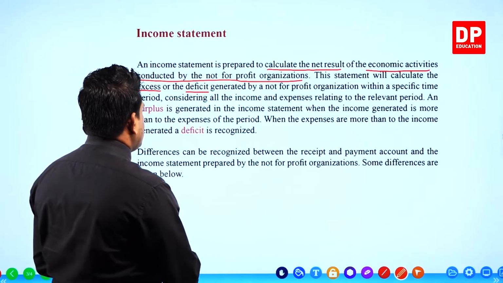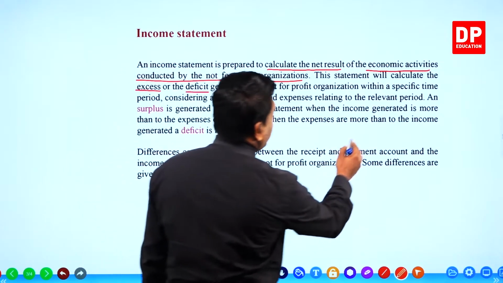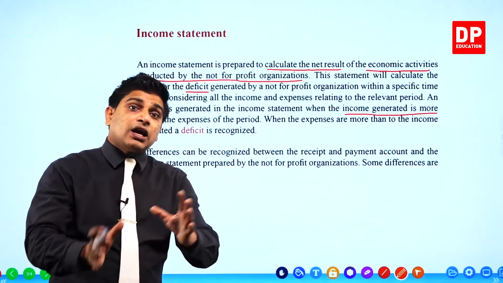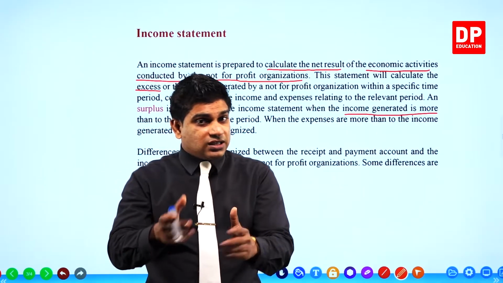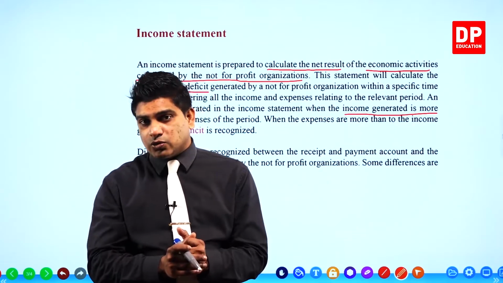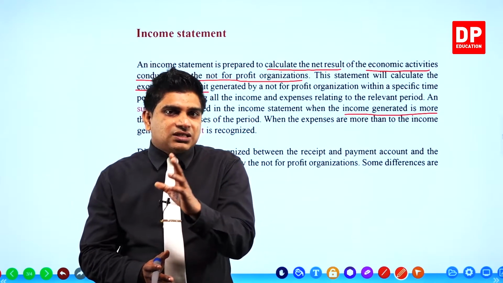A surplus is generated in the income statement when income generated is more. For example, income 50,000, expenses 30,000.